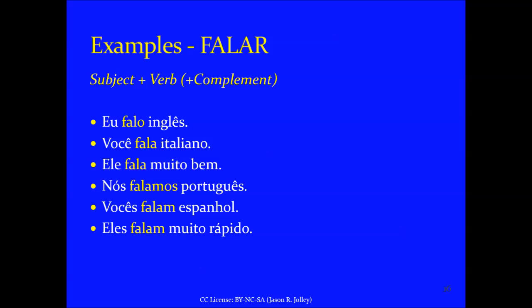Some examples would be, eu falo inglês, I speak English. Você fala italiano, you speak Italian. Ele fala muito bem, very well. Nós falamos português, we speak Portuguese. Vocês falam espanhol. Eles falam muito rápido, very fast.